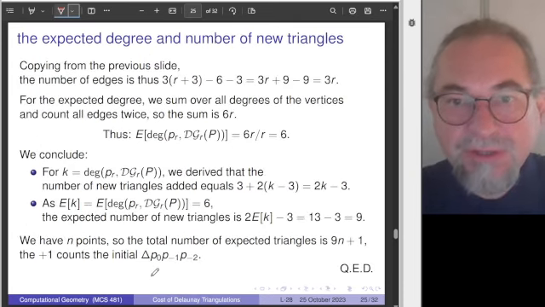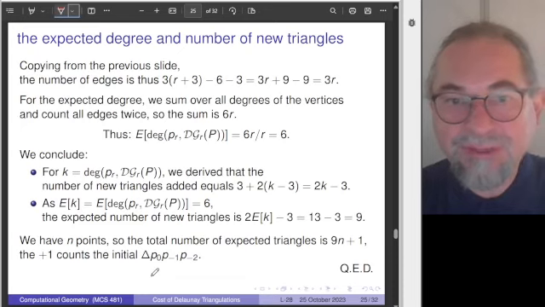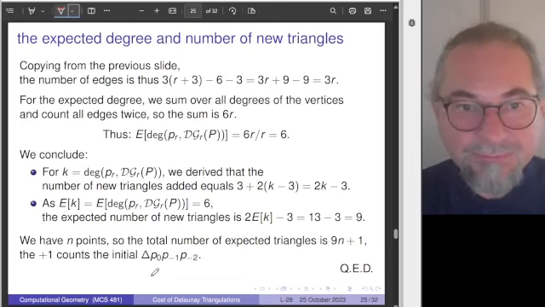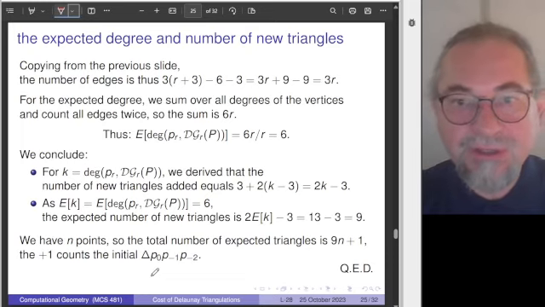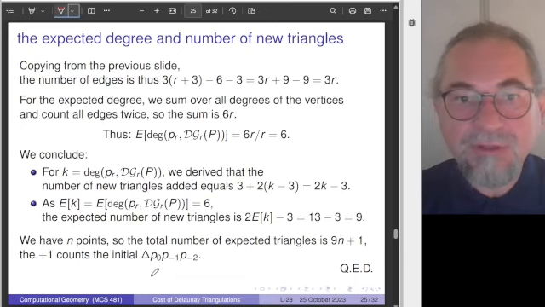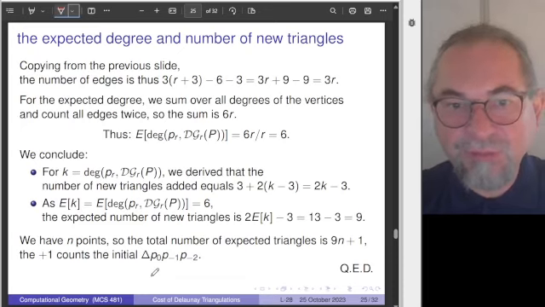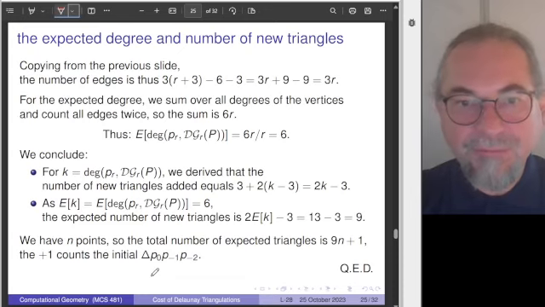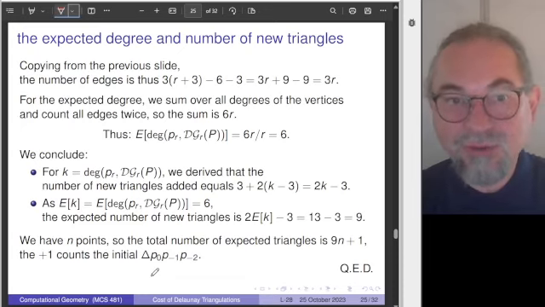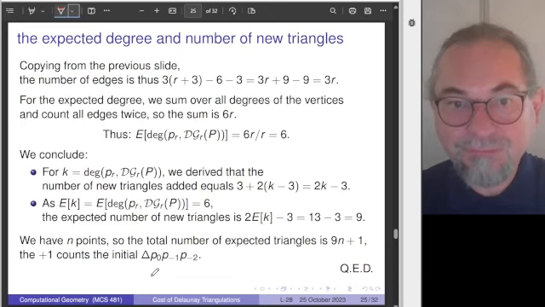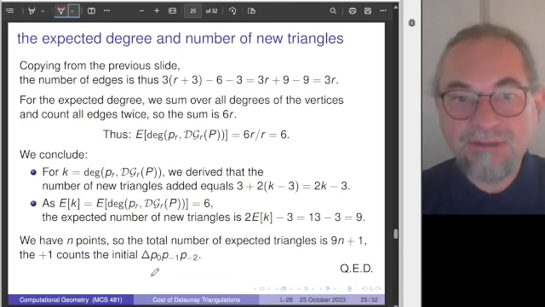So we copy it here and we can simplify this as 3 times r. So if we sum over all the degrees of the vertices, counting all the edges twice, so actually what we have is the sum of the number of edges. I'm sorry, so the number of vertices we're counting now. Every edge has two vertices. So the sum is 6r.